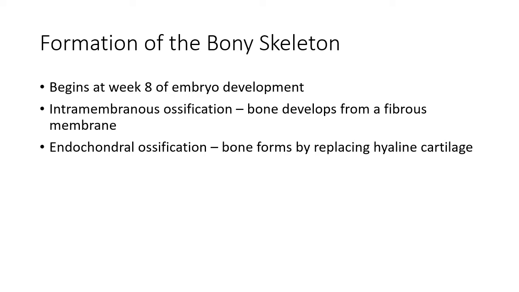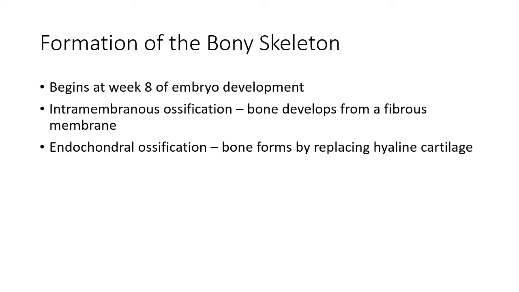So for bones, the skeleton itself begins its changes from mesenchyme into skeleton that is ossified at about week 8. And so this ossification begins in one of two ways, either intramembranous ossification or endochondral ossification. With intramembranous ossification, we're basically going to go directly into bone.